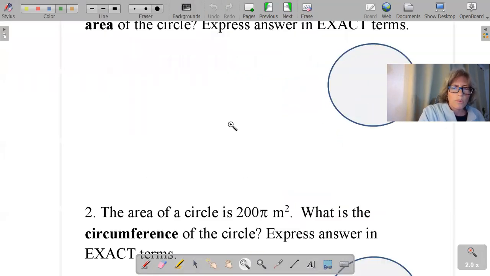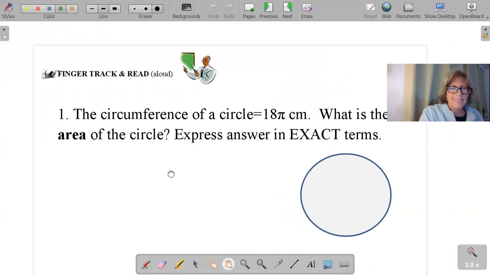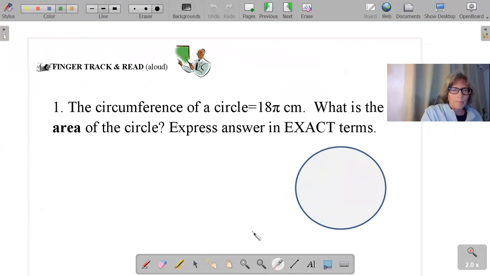I'll do a couple problems with you. The circumference of a circle is 18 pi centimeters. What is the area of the circle expressed in exact terms? So step 1, the circumference of a circle.